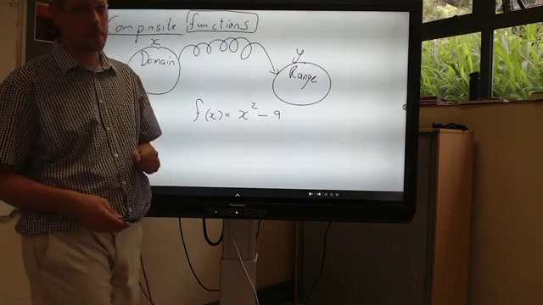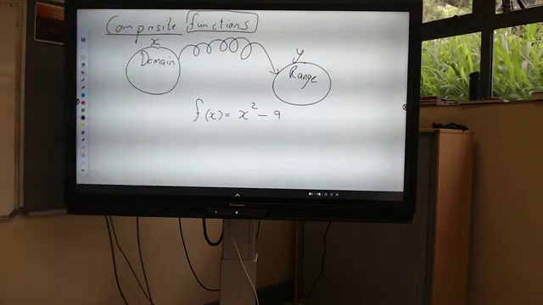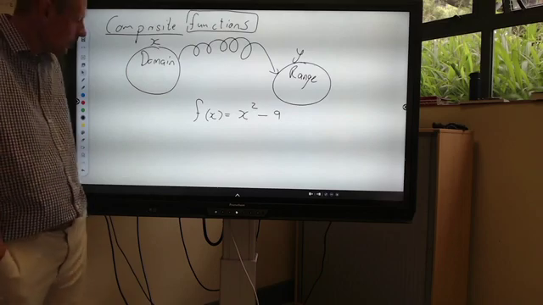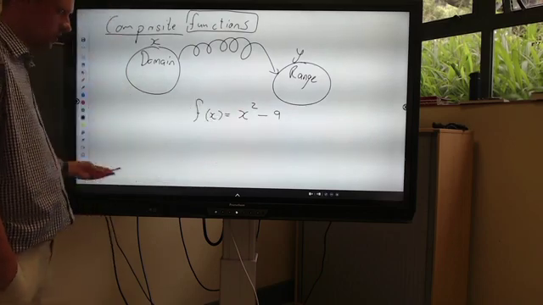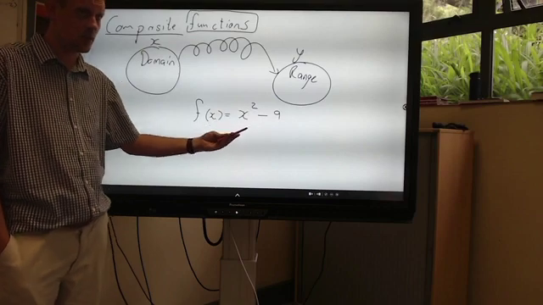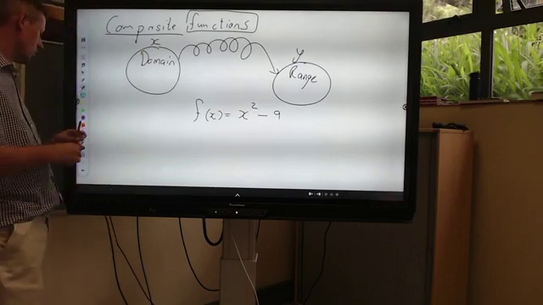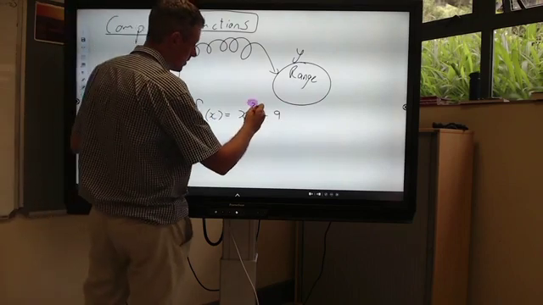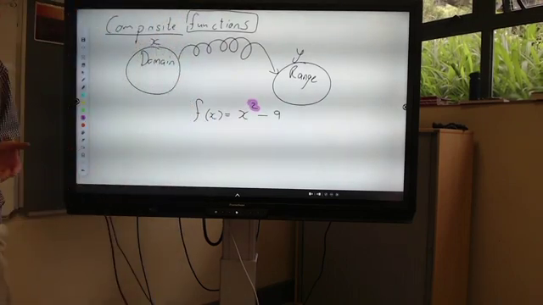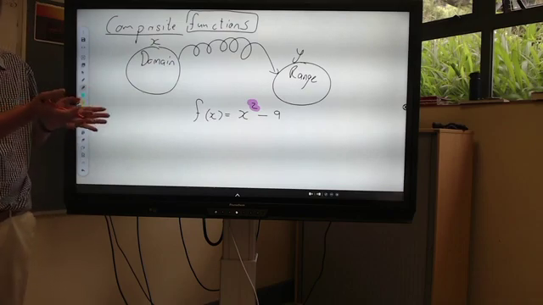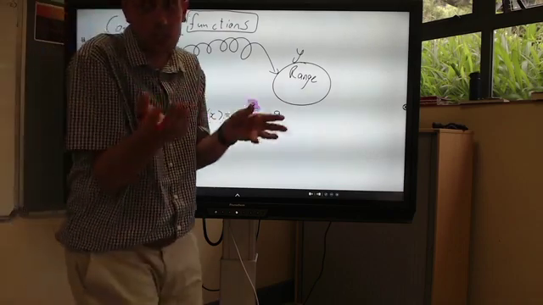What does that mean? f(x) equal to x squared minus 9. What does it mean? What does this represent? A linear function. Oh, it's a parabola. So what does it mean? It means this is a function that takes the independent variable.